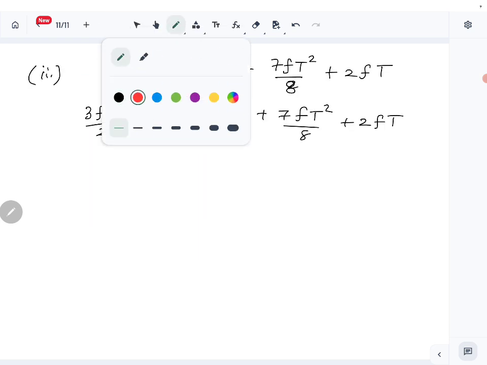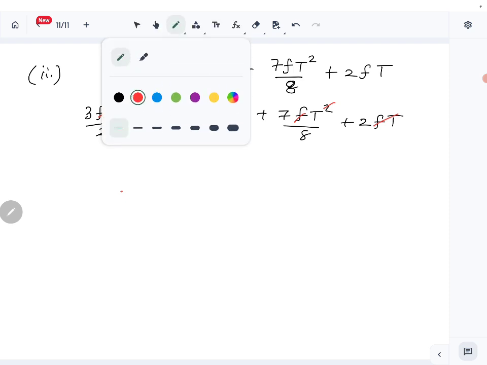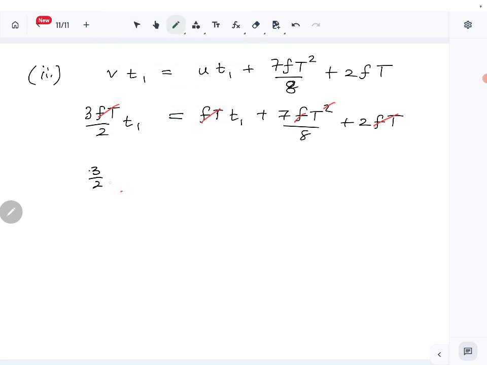So you can cancel ft, ft. So write what is left. 3 over 2 t1 equals t1 over 2 plus 7 over 8 t plus 2.